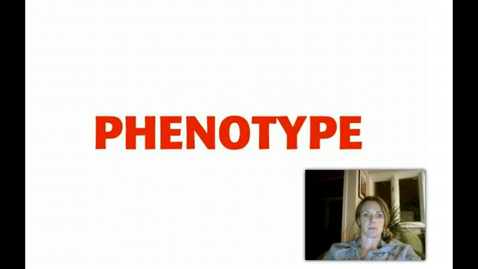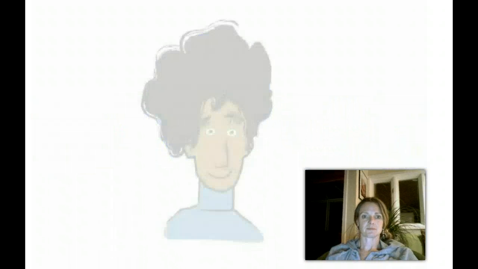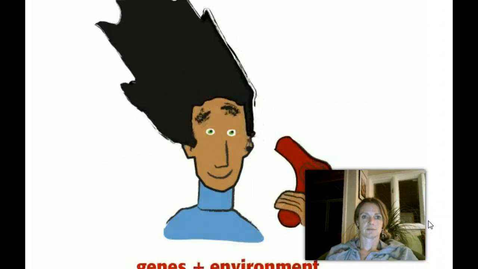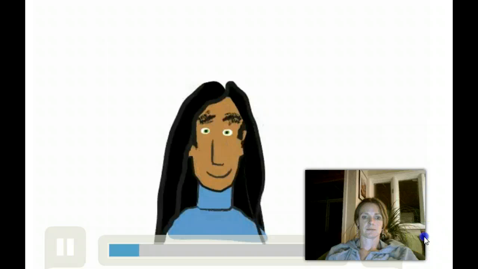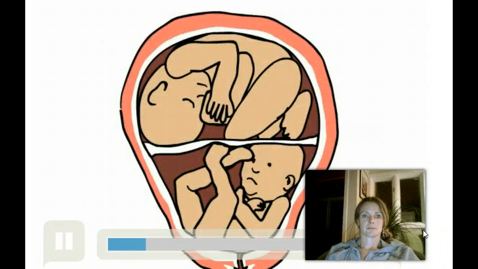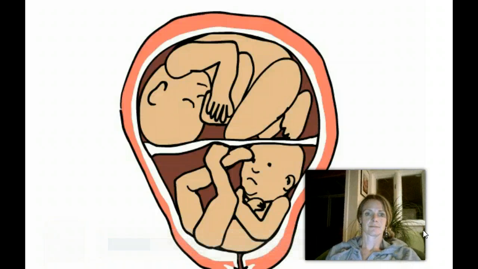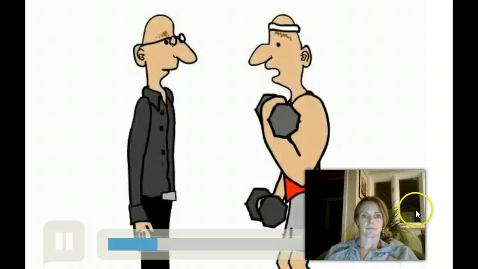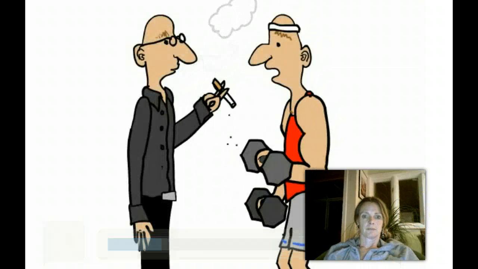Your observable traits, also known as your phenotypes, result from the interaction between your genes and the environment. This interaction begins in the womb and continues throughout your life.